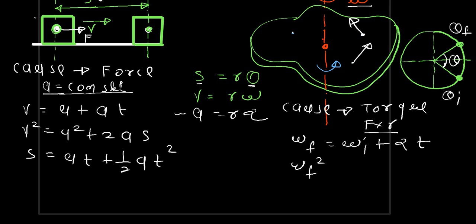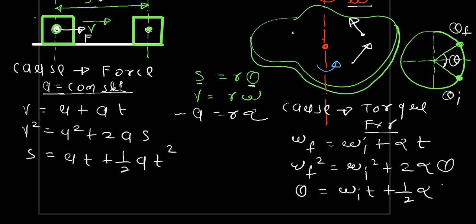Omega final square is equal to omega initial square plus 2 alpha theta. And here theta is equal to omega initial t plus half alpha t square. So these are for when alpha is constant, just like when linear acceleration is constant. This is when angular acceleration is constant.